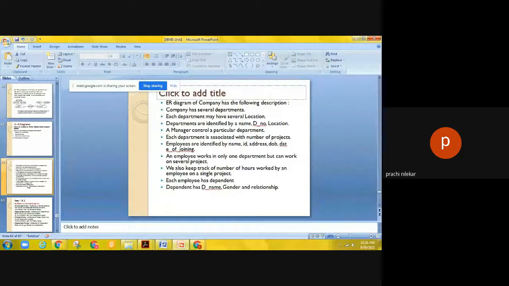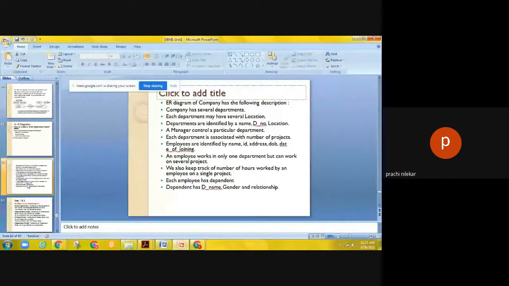If there is any doubt, if you don't understand anything, then let me know. Employees are identified by the name, ID, address, date of birth, date of joining. An employee works in only one department but can work on several projects.